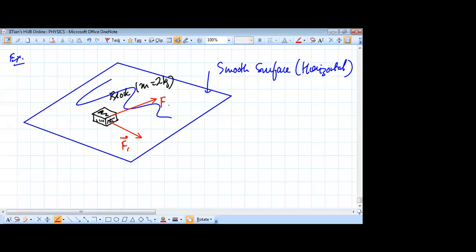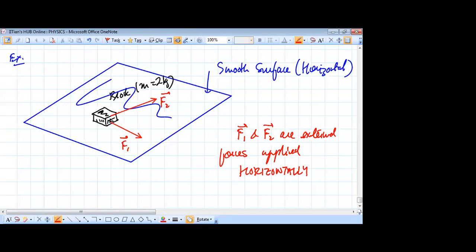So F1 and F2 are external forces applied horizontally, but such that the angle between the two vectors is theta, such that magnitude of F1 is equal to magnitude of F2 is equal to, let us say, 2 newtons.